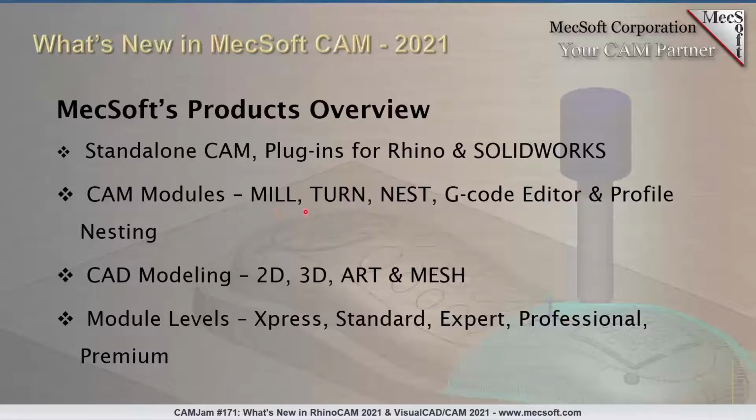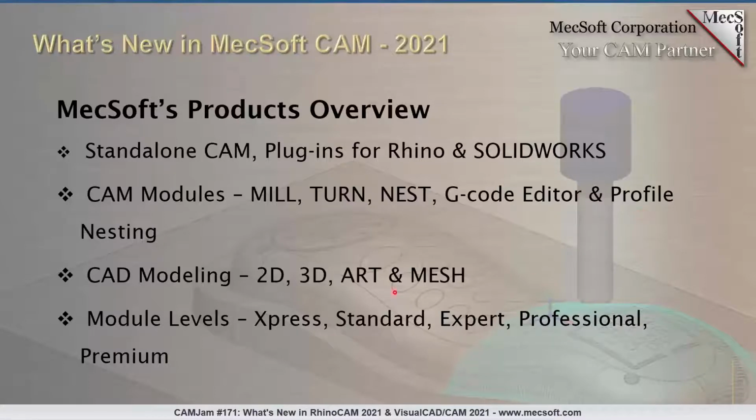We also have a 2-axis turning module and a parts nesting module that allows you to do both true shape and rectangular nesting. We also have a G-code editor module, and finally a profile nesting module. If you are interested in profile toolpath nesting, in cases of plasma cutters or water jets or things of that nature, this would be a really good module for that.